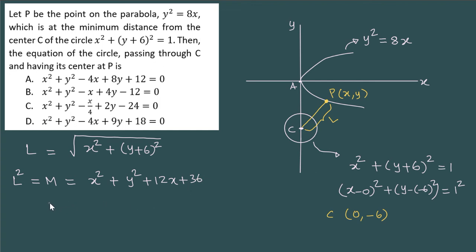Here the square of the distance, I think we need to use a bit of calculus, minima maxima. This point satisfies the equation of the parabola, so I can substitute so that on the right hand side I have only one variable. Let's do that.